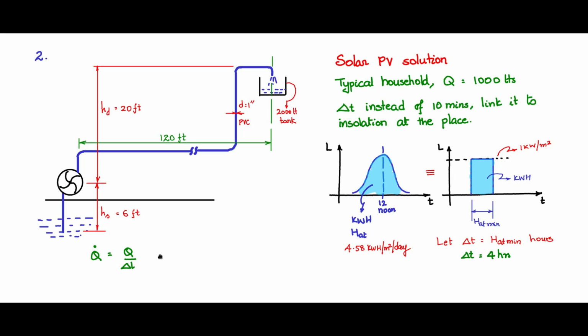Let us say Q dot, which is Q by delta T. Now Q by delta T is 1000 liters by 4 hours, which will work out to be 0.0694 liters per second, and which is 0.07 into 10 to the power minus 3 meter cube per second. Now the discharge rate or the flow rate has come down drastically.